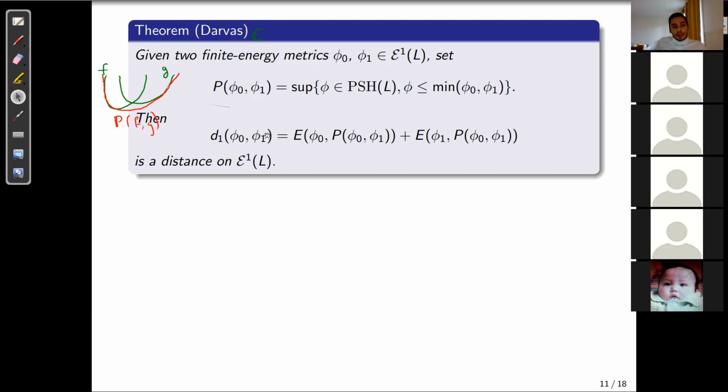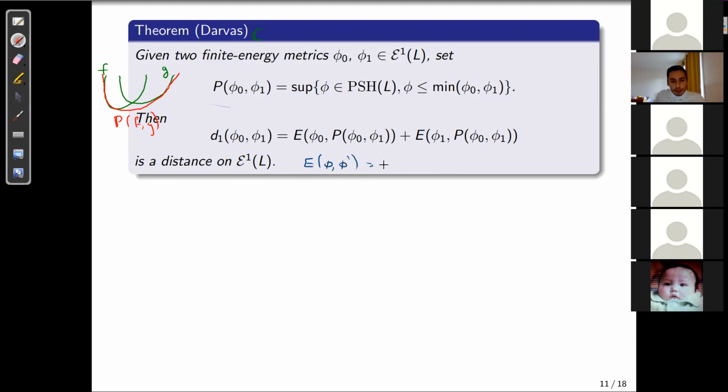So we take the distance between our two metrics to be the sum of two energies: the energy of phi0 and phi1 with respect to their rooftop envelope. So you might wonder, we haven't talked about positivity properties of the energy, but if you remember, the energy of two metrics is a constant times the sum of the integrals of the difference of your metrics against some positive measure.